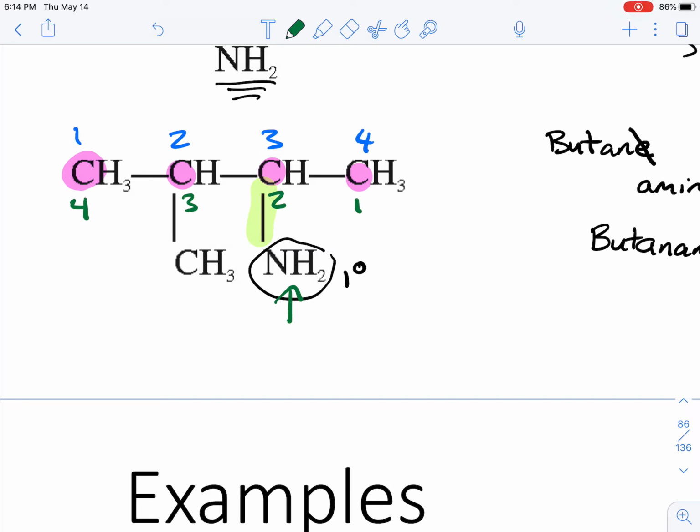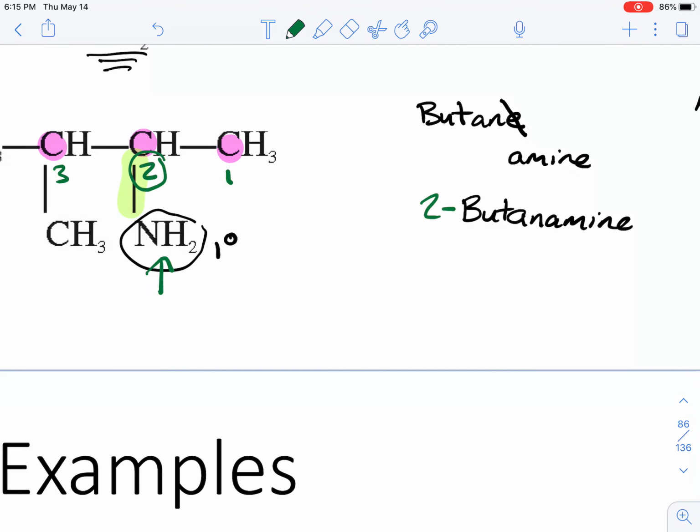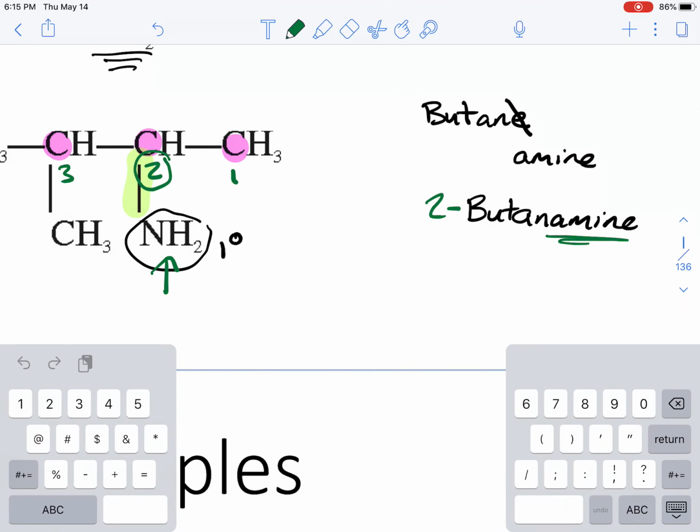We want to make sure that our numbering system is set up so that the carbon that contains the amine has the lowest number. And so in this case, 2 is lower than 3. And so therefore the numbering system at the top from left to right is incorrect. And so we need to tell the reader that on the second carbon, we will have our amine.